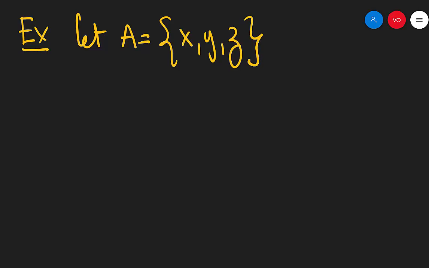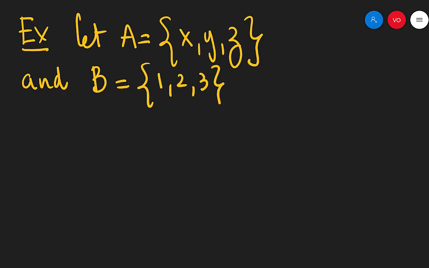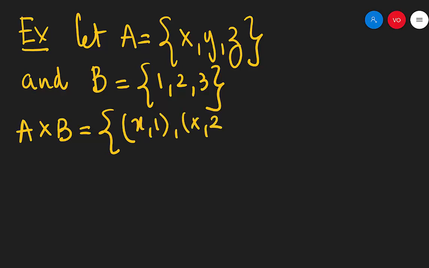Let us look at an example. Let A be the set containing x, y, and z, and let B be the set containing 1, 2, and 3. Then the Cartesian product A cross B will be the set of all ordered pairs taken from A and B. So we'll have x1, x2, x3.